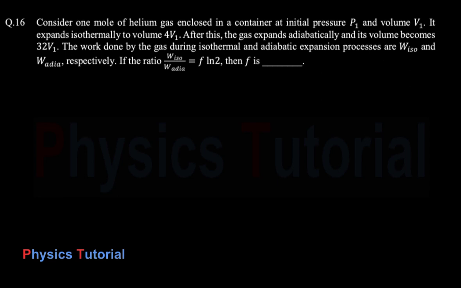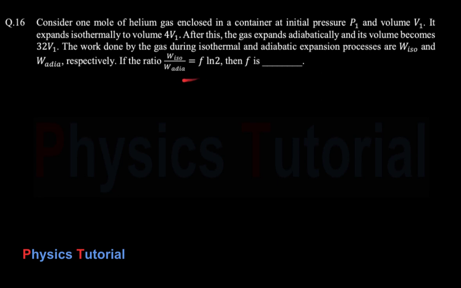For that T1 and T2, you have to use the adiabatic Poisson's relation, that is TV to the power gamma minus 1 is equal to constant. And for gamma, you have to check the gas: 1 mole of helium gas is a monatomic gas, so gamma will be 5 by 3, okay, for a monatomic gas. Substitute this value, and you can find the adiabatic work done.